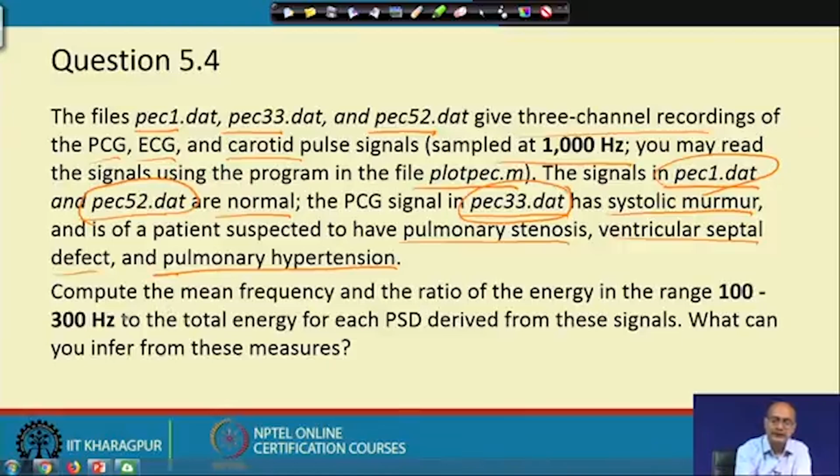For that we have to compute the PSD first of all, and from the PSD we can get the mean frequency.